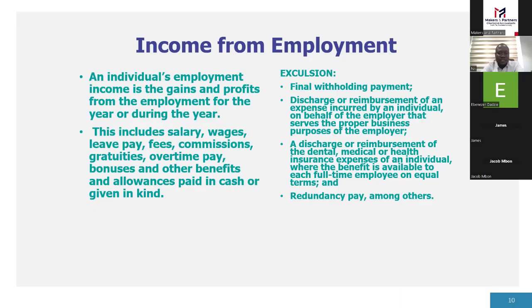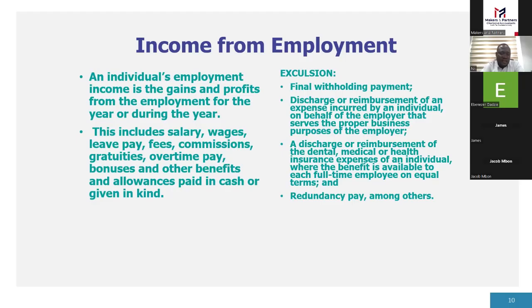Now we have exclusions. Why would you not add this to your income from employment? Final withholding tax payment. Discharge or reimbursement of an expense incurred by an individual on behalf of the employer that serves the proper business purposes of the employer.